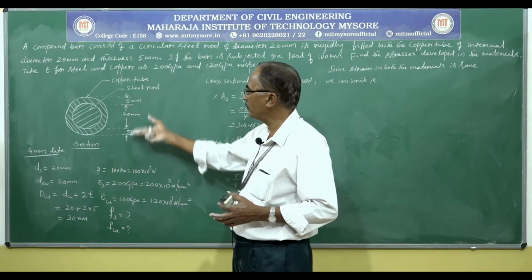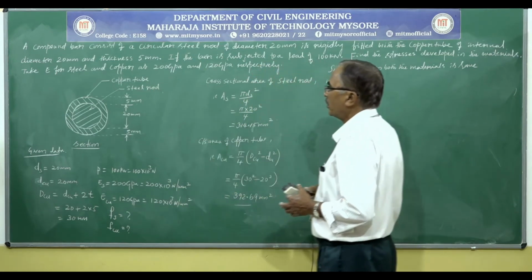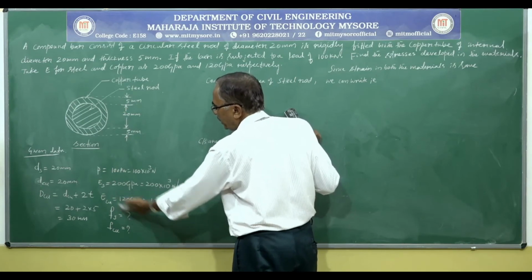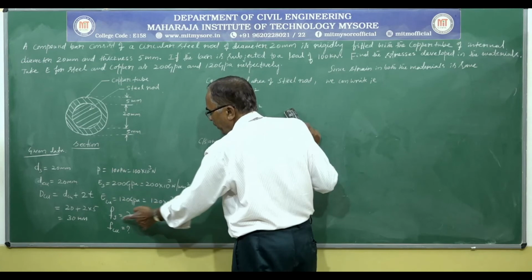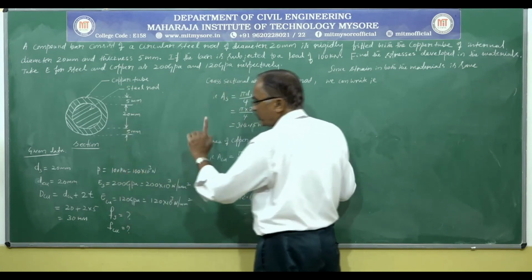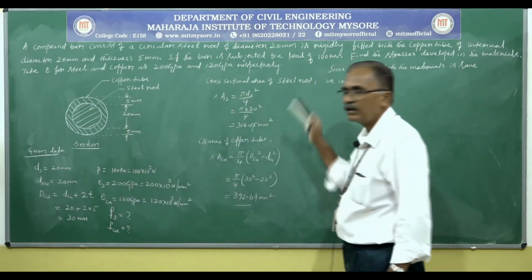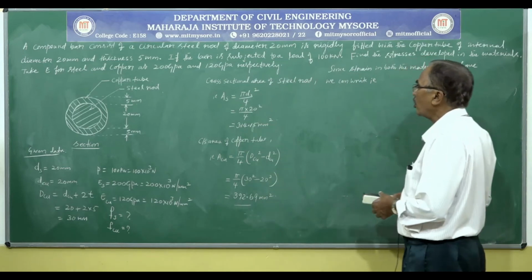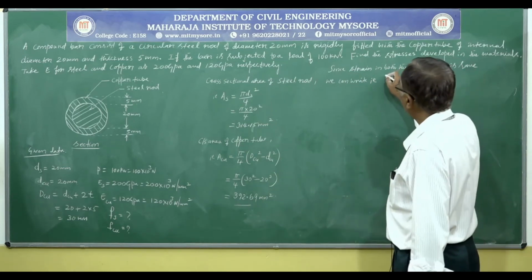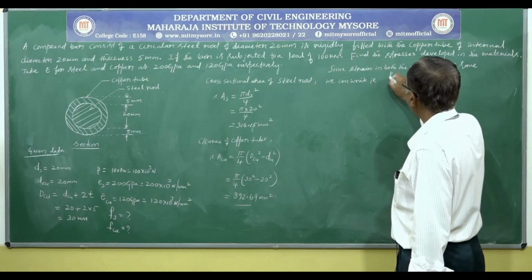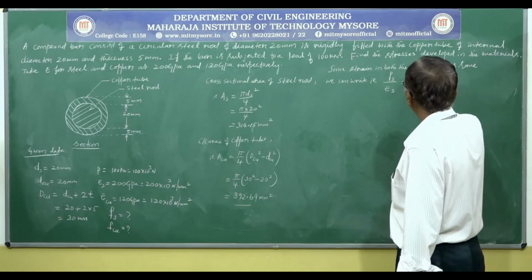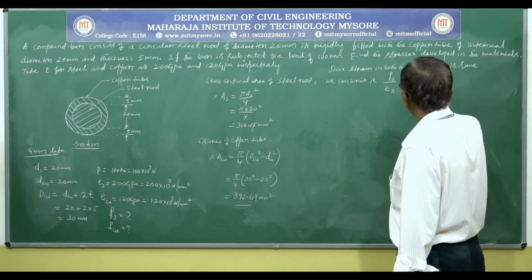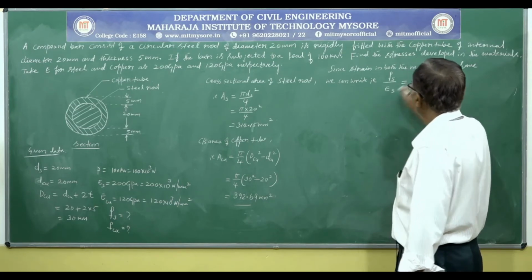Here comfortably we can use Young's modulus of the material steel is Es, Young's modulus of the copper is Ecu. Fs is the stress induced in steel and Fcu is the stress induced in the copper. So we can write the longitudinal strain Fs by Es is equal to Fcu divided by Ecu.